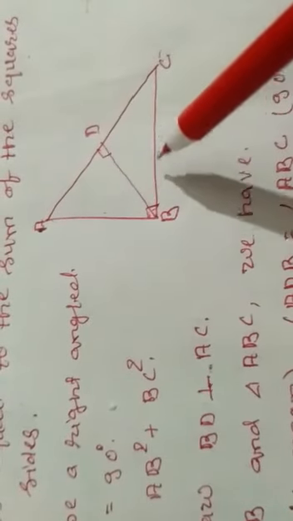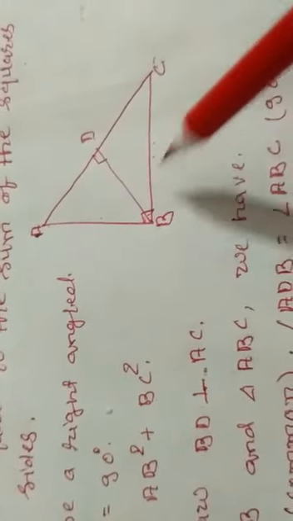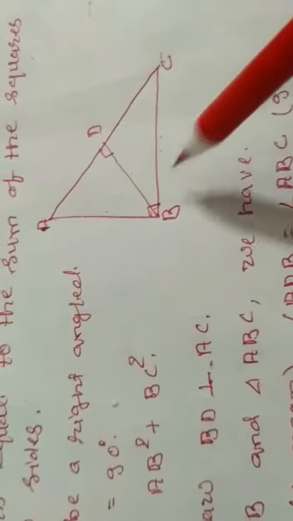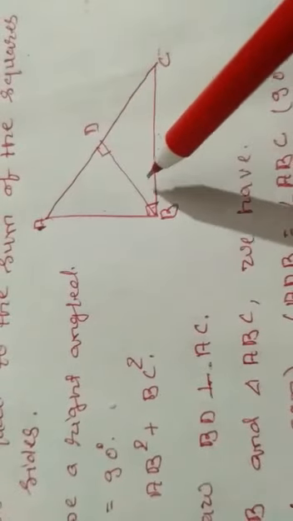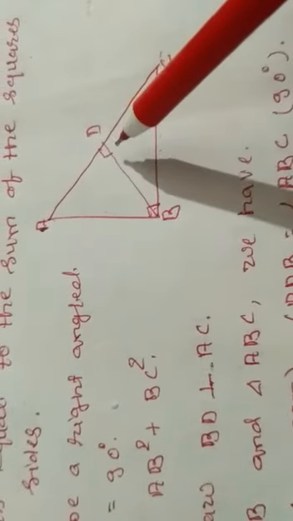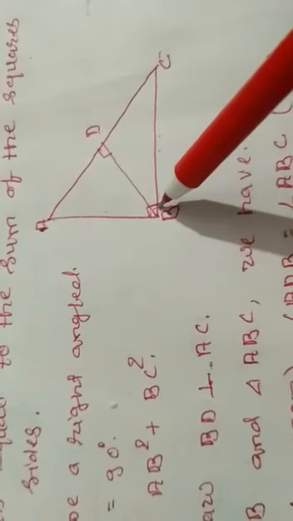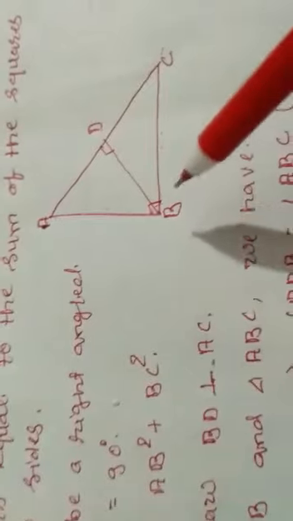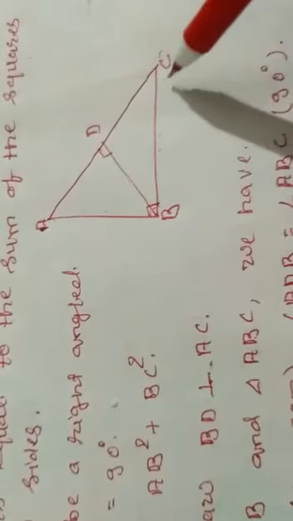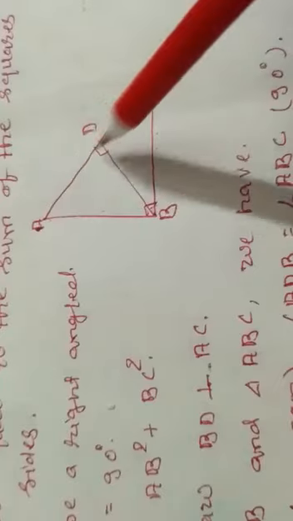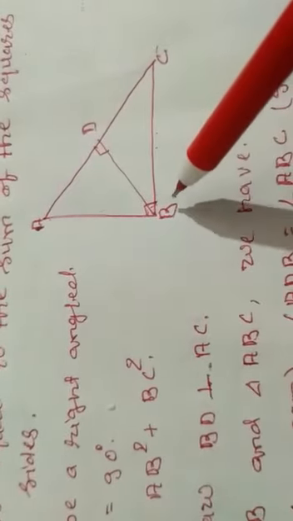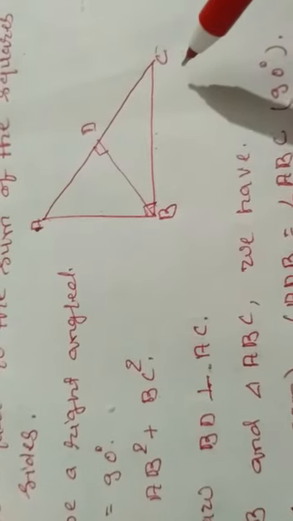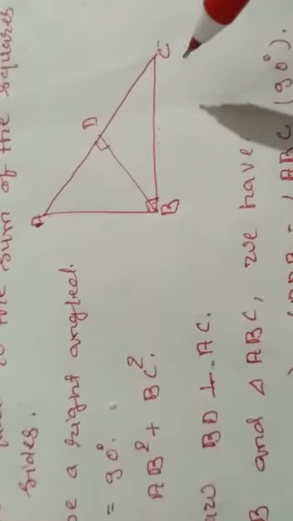So perpendicular and base can be interchanged, but the hypotenuse is fixed, which is the side opposite the right angle and also the longest side of the triangle. So in this theorem, the statement says that we need to prove AC square equals AB square plus BC square.